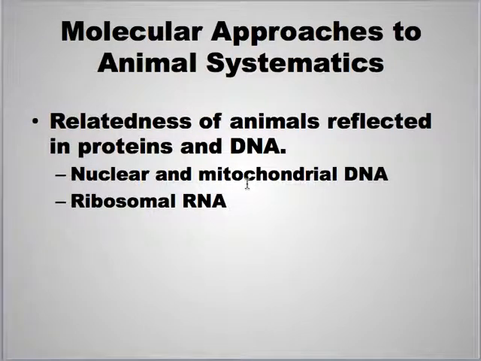In some cases now, we look at DNA because DNA is a strong indicator of relatedness. Like for a long time, there was a big argument about where to put pandas. Are they bears, or are they more closely related to raccoons, or do they deserve their own distinction?